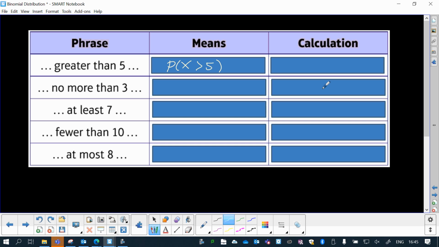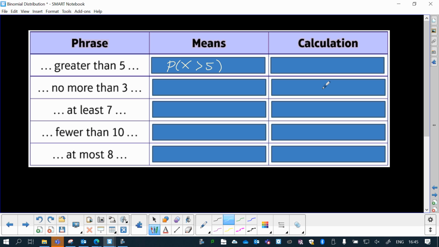But neither the CG50 nor the Class Wiz will calculate that for you, because they only deal with, in the case of the Class Wiz, less than or equal to, and the CG50 greater than or equal to. We're missing an "or equal to". So we have to convert the question.